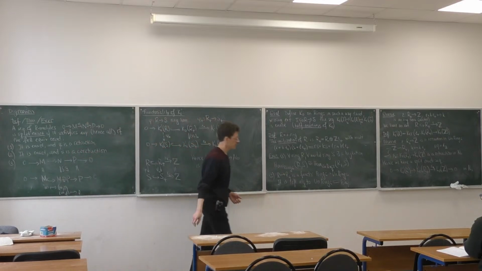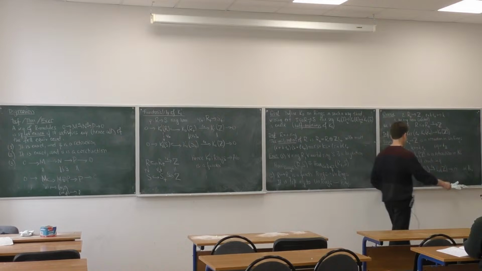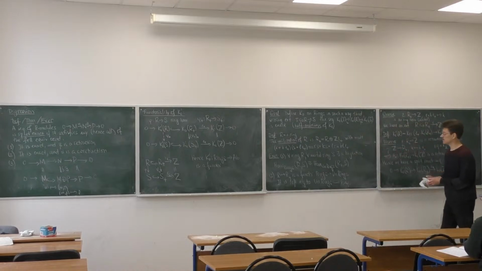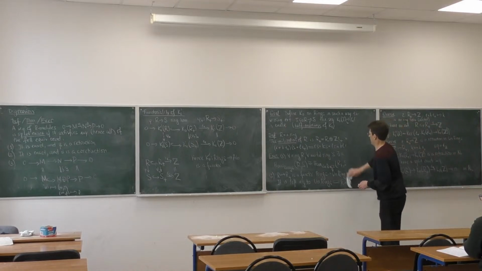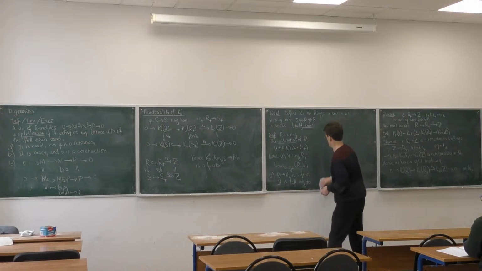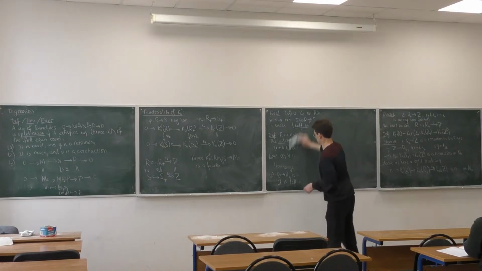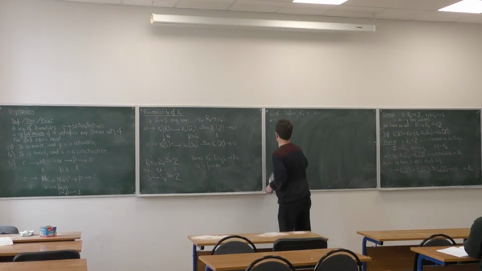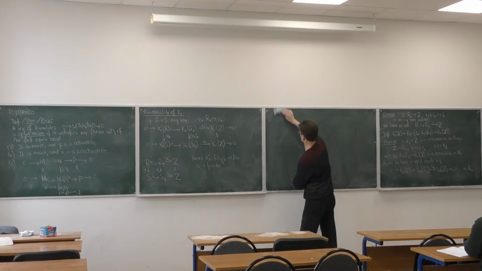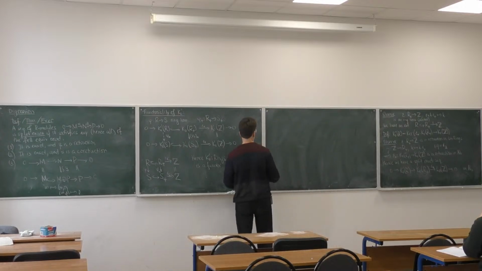Okay, so let's now prove that K0 prime and K0 agree on the category of unital rings. We have the following proposition.